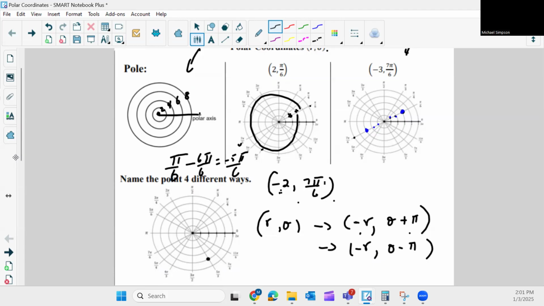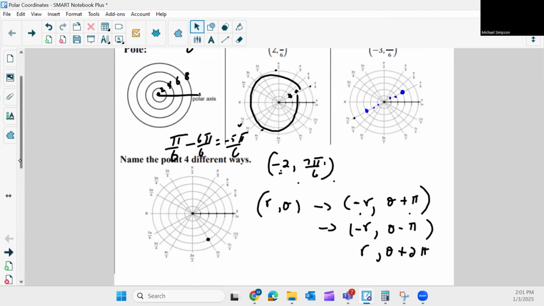If I keep the R value the same, do not flip it, but I add 2 pi, I'm back at the same point. But I can also go the other direction, all right? If I go this direction now, I'm going to minus 2 pi. I'm going to end up at the same location.